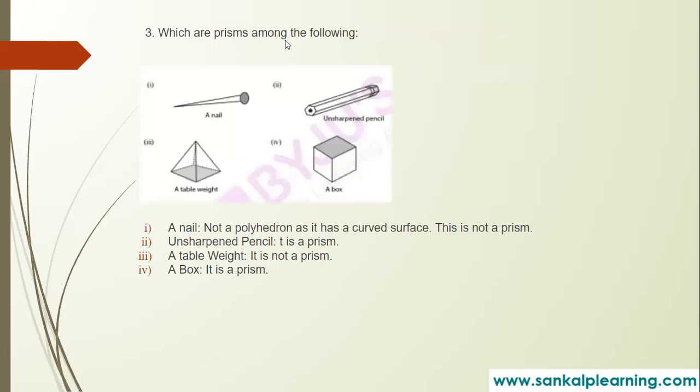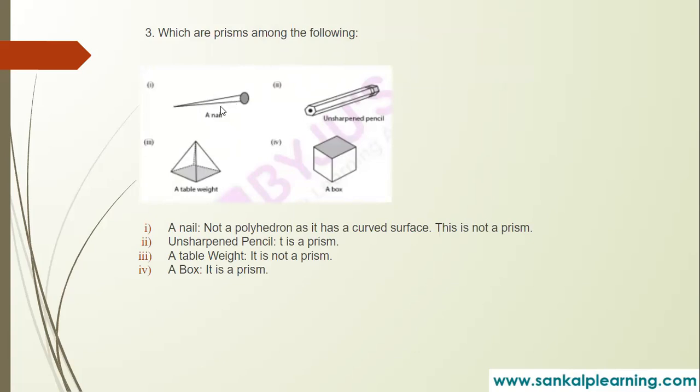Which are prisms among the following? Okay, see, first figure is nail, this is pencil, unsharpened pencil, this is table weight, and this is box. Nail.